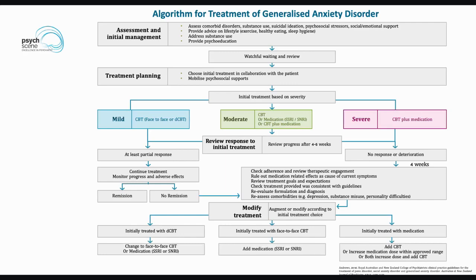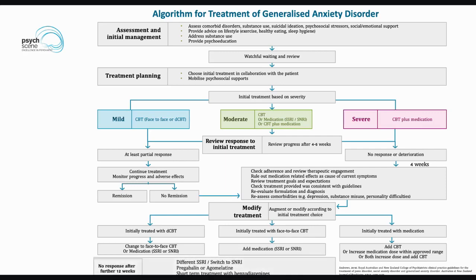If they've initially been treated with face-to-face CBT, then you can add medication such as an SSRI or SNRI. If they've been initially treated with medication, then you can either add CBT or increase and optimize the medication dose, or you may consider both increased dose and adding CBT.